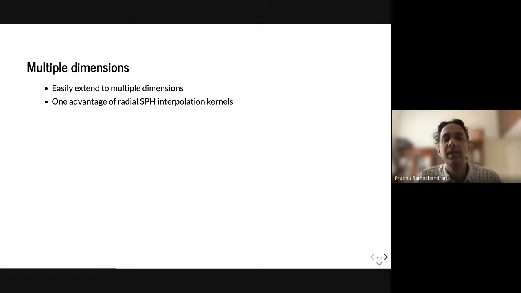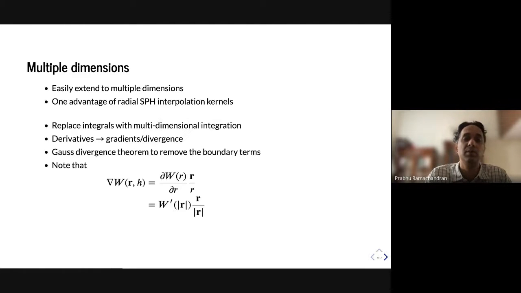I want to point out that this is really nice because it also extends to multiple dimensions, and it's super easy to do, because our SPH interpolation kernels, those W's, are actually radial functions. Using radial functions, it becomes very easy to generalize this to multiple dimensions. Essentially, you replace the integrals with multidimensional integration, and derivatives become gradients or divergences. A trace of the gradient becomes a divergence, and then you use the Gauss divergence theorem to remove any boundary terms.